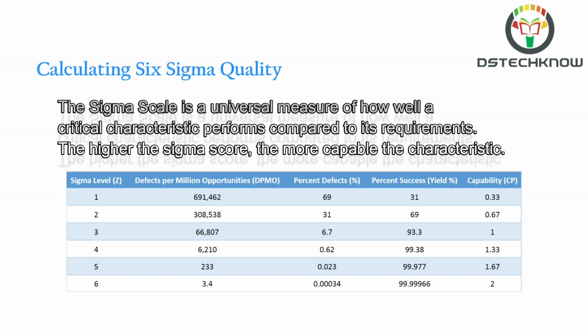Another example to understand this: if there is a machine which produces 1 million products every day at a 99% success rate, and each product costs $100, you're losing $1 million every day. I think it's worth investing time and effort to improve the Sigma scale and get it to the Six Sigma levels.